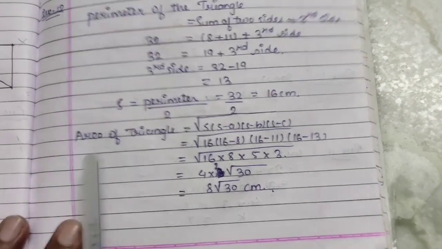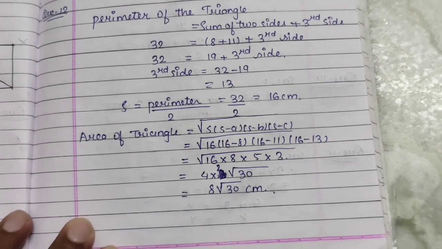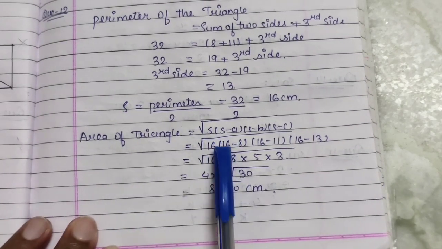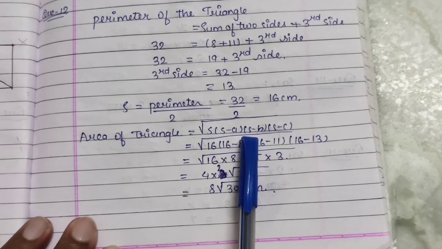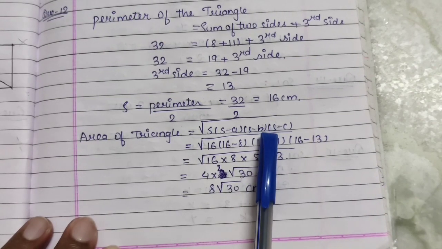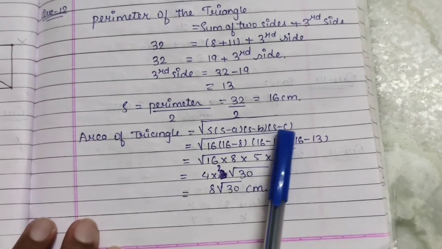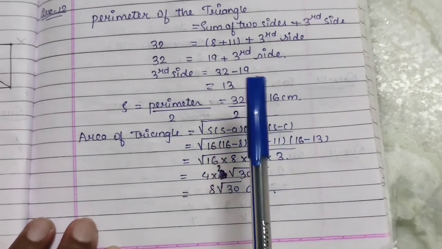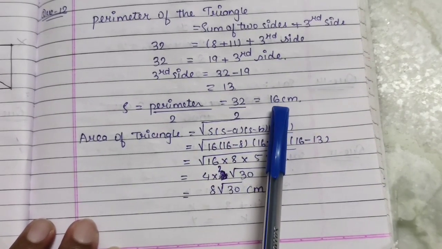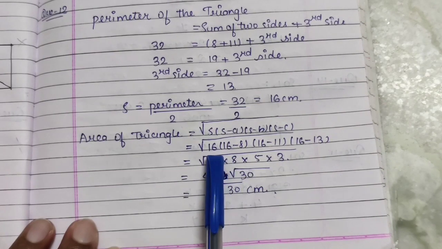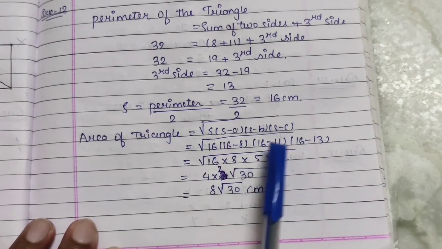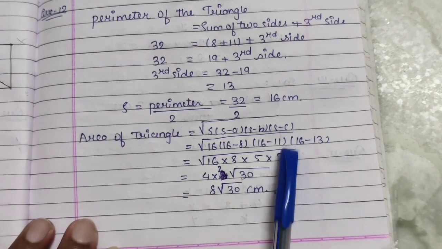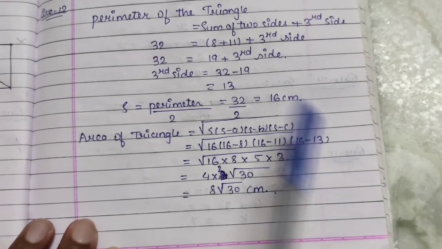Now we can find the area of the triangle as per the formula. The area of the triangle is equal to the square root of s multiplied by (s minus a) multiplied by (s minus b) multiplied by (s minus c). Here we have already found 16 as s, so 16 is written here. 16 minus 8 means a, 16 minus 11 means b, 16 minus 13 means c.